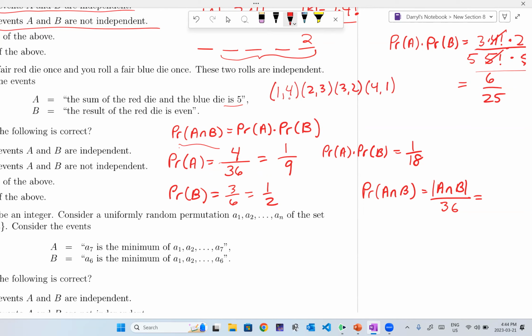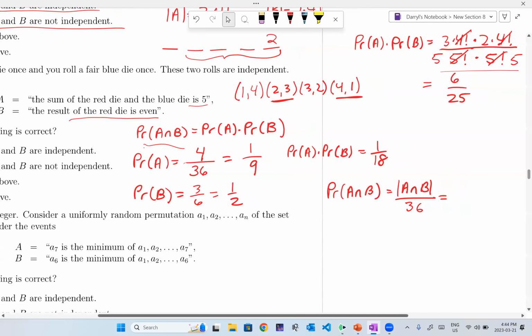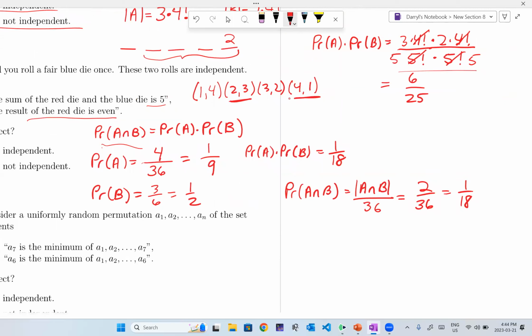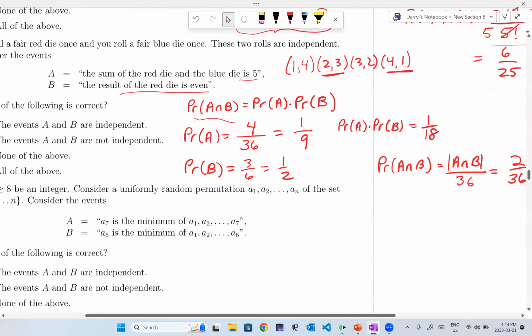And then I want the intersection of that with the result of the red die is even. The left side is red, so that's this one and this one. So there's 2 possible outcomes for A intersect B. Right, so that's 2/36 or 1/18. So yeah, in this case, they are independent events.